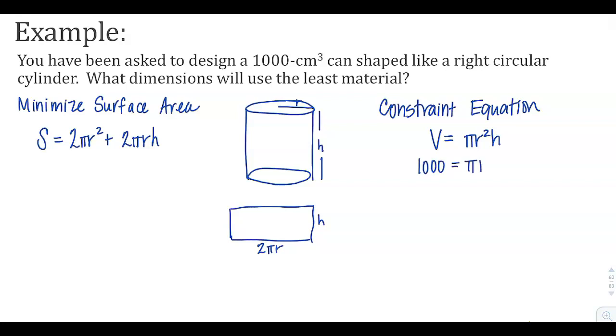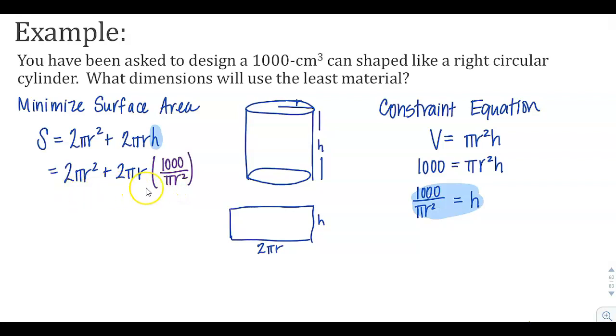So 1,000 equals pi r squared h. So I'm going to solve this constraint equation for h. I'm going to divide by pi r squared on both sides. So 1,000 divided by pi r squared is equal to h. And then I'm going to take that quantity and substitute it into the equation I'm trying to minimize so that it's all in terms of the same variable.